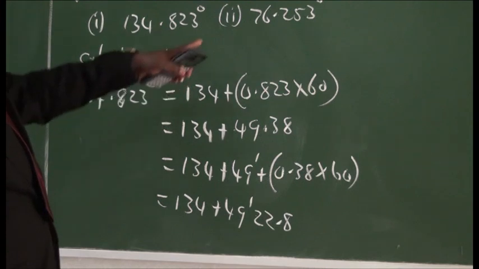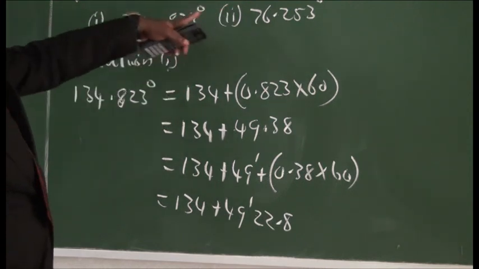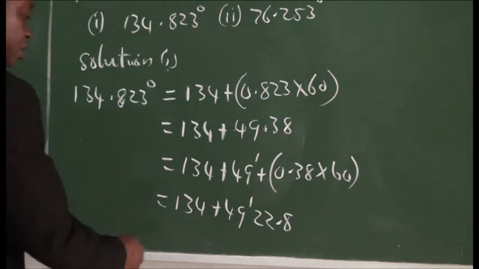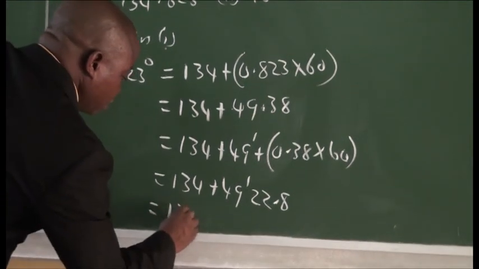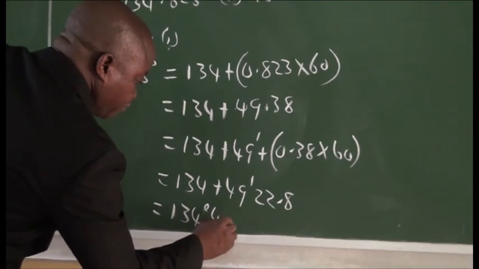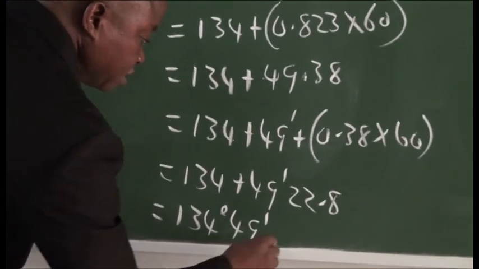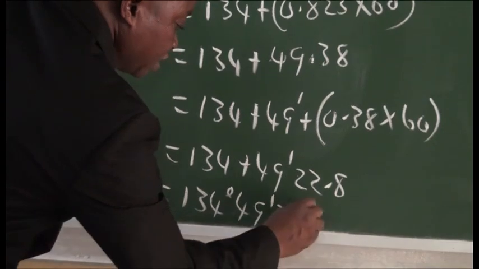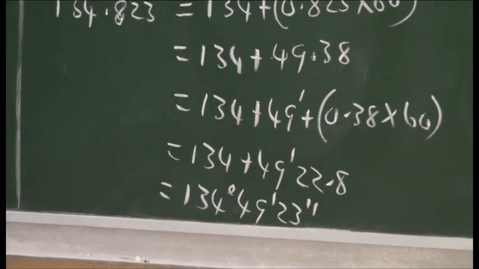And we were asked to correct our answer to the nearest second. So this gives 134 degrees, 49 minutes, and then 23 seconds. So that is how the conversion is done.